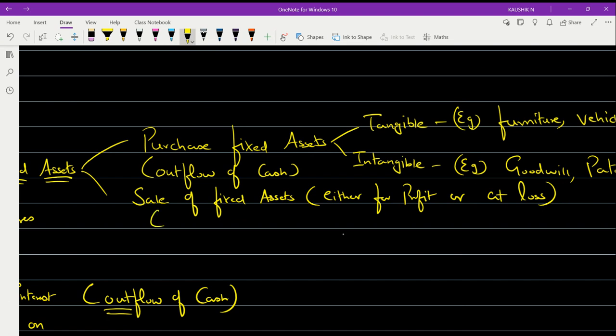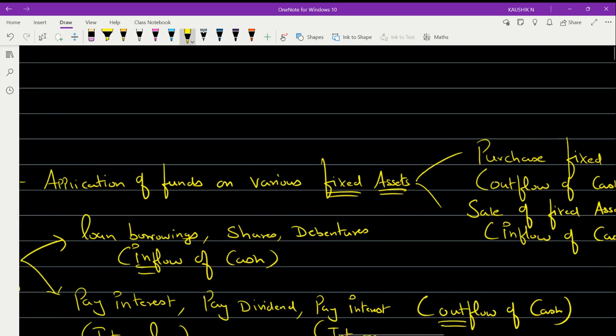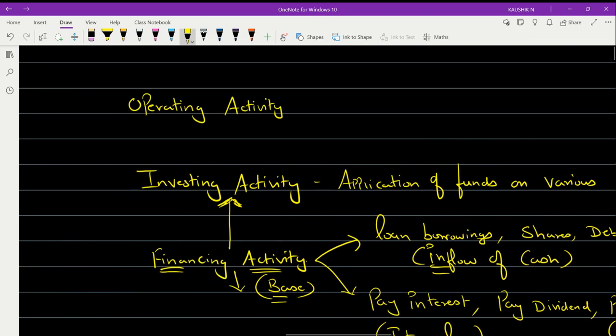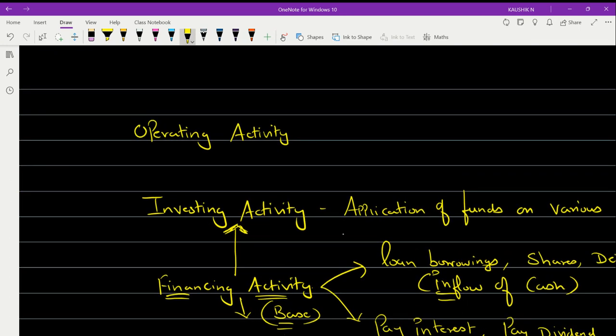These two will indicate the inflow of cash. Any doubt in this concept? No, sir. Right. Now let's go for the first one, the topmost one, that is the operating activities.